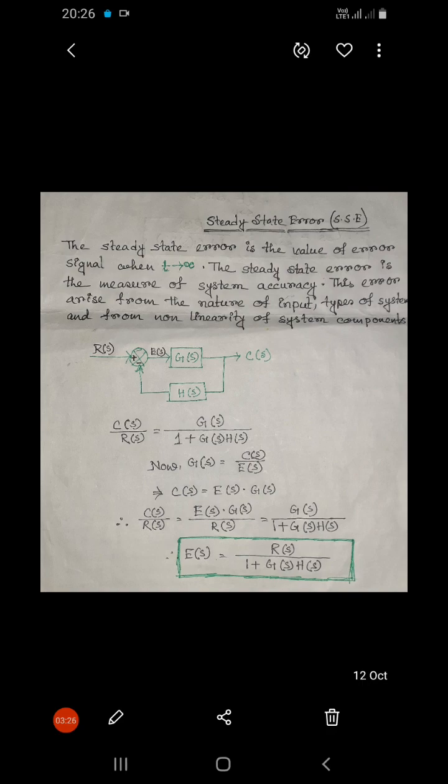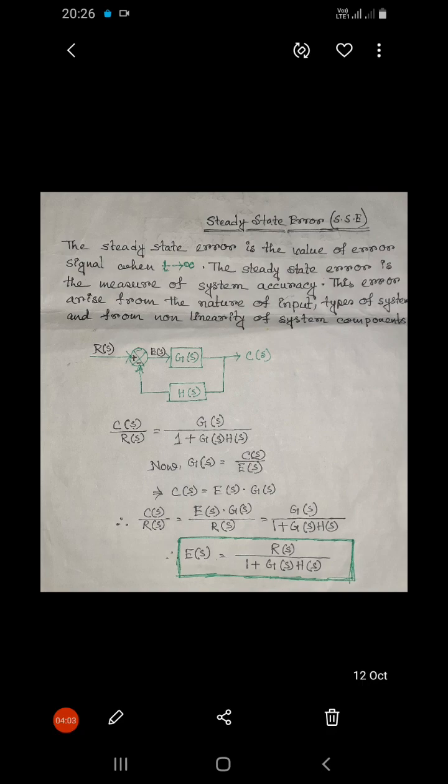Putting this C(s) in the transfer function equation, we get E(s) into G(s) divided by R(s) equals G(s) divided by 1 plus G(s) into H(s). After simplifying, we get E(s) equal to R(s) divided by 1 plus G(s) into H(s).